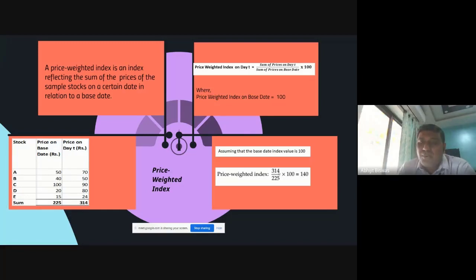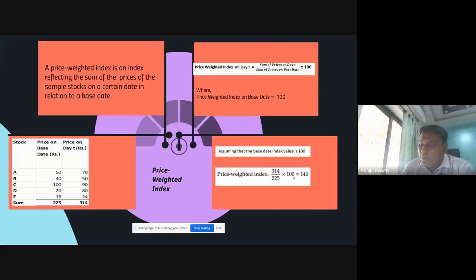Because 314 divided by 225 will be approximately 1.4. So since the sum has increased 1.4 times, naturally the base day index will also increase by 1.4 times. So that's why the base day it was 100, now today it is 140. So 140 is 1.4 times of 100, right? This is how price weighted index is calculated.